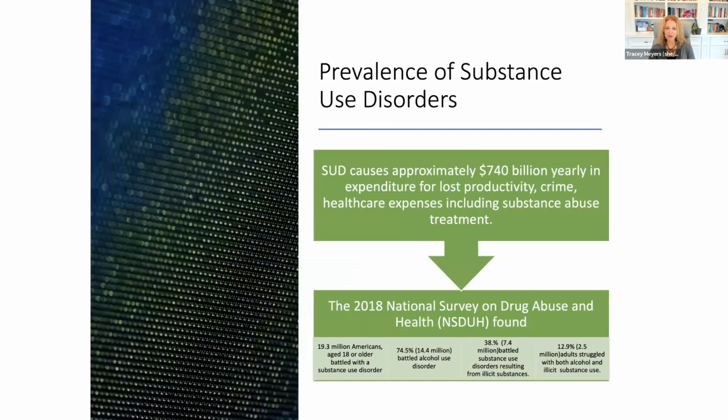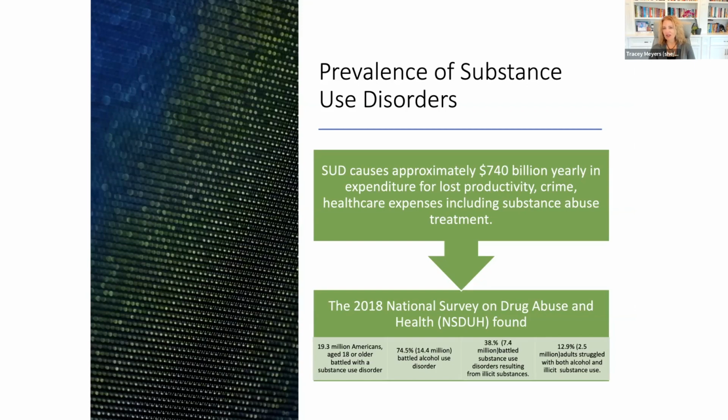So prevalence of substance use disorders, and the research is really pretty striking when we think about the prevalence. Substance use disorders cause approximately $740 billion a year in expenditures. And this includes lost productivity if people aren't able to work, crime, healthcare expenses, including inpatient, outpatient substance use treatment, incarceration, etc. About 19.3 million Americans battle substance use disorder.